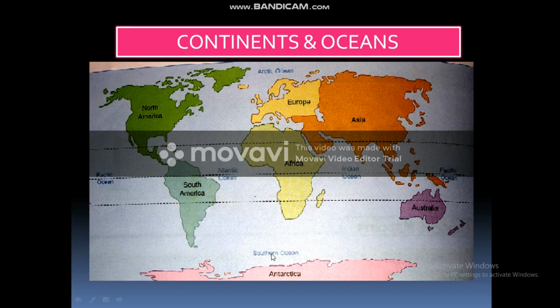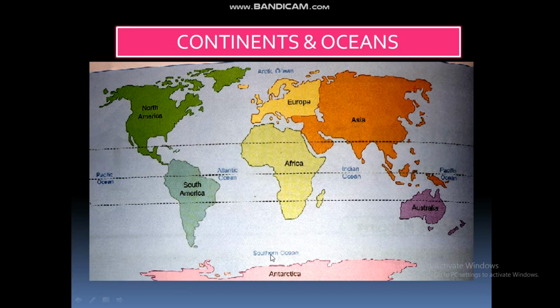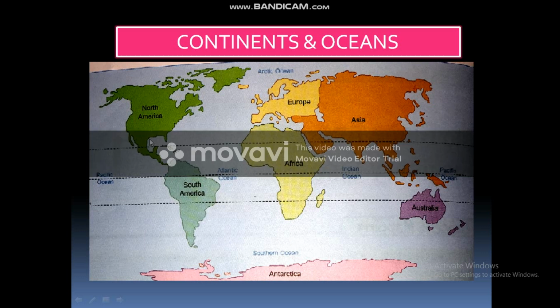There is one more ocean, the Southern Ocean, but we cannot consider the Southern Ocean as an ocean because it is an extension of all the other oceans only. So that is why we are not considering it as a perfect ocean. So we have continents like North America, South America, Africa, Europe, Asia, Australia, and Antarctica. These are the major 7 continents of the earth.